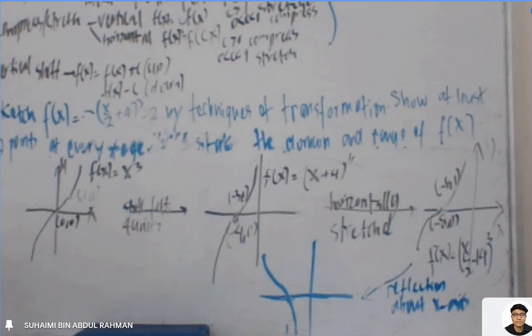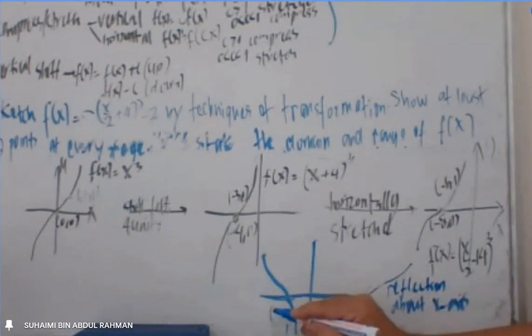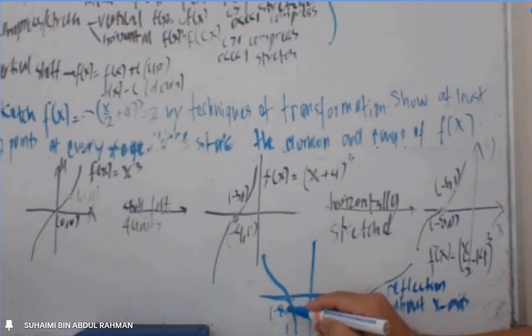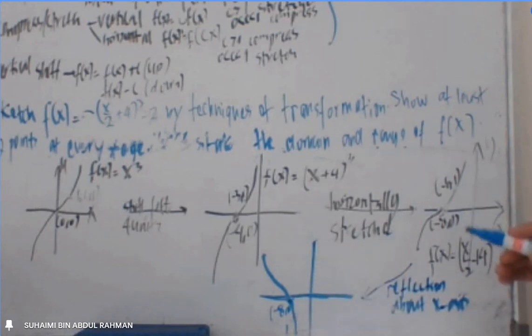And what is the point here? Minus 8 and 0 will go to which point? Minus 8, 0, it remains. Point minus 6, 1 will go to which point?